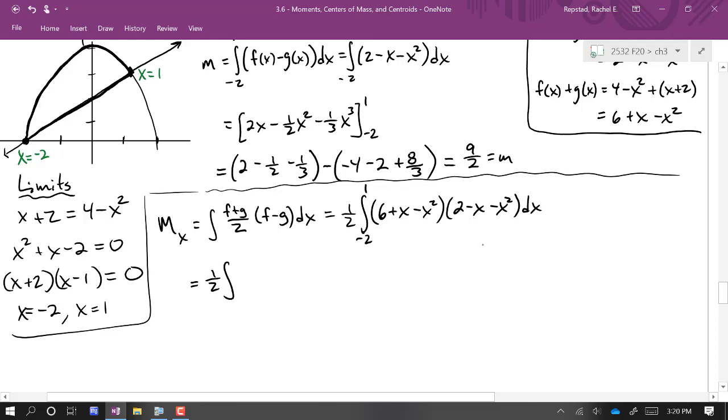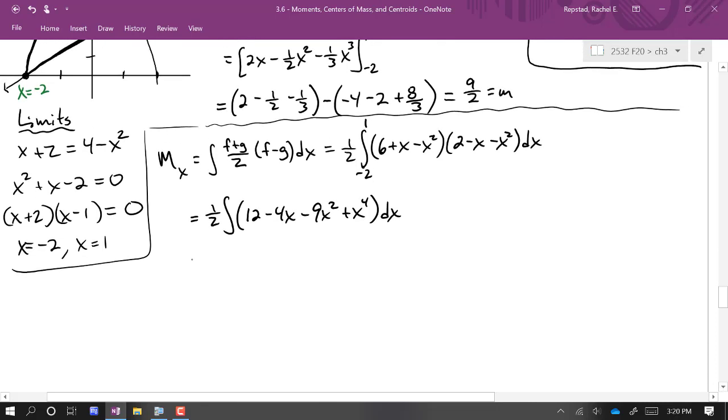If you multiply that all out, and you can set up the grid or the table, or just use a bunch of arrows to distribute every factor, you'll get this expression here, 12 minus 4x minus 9x squared plus x to the 4th, from minus 2 to 1.